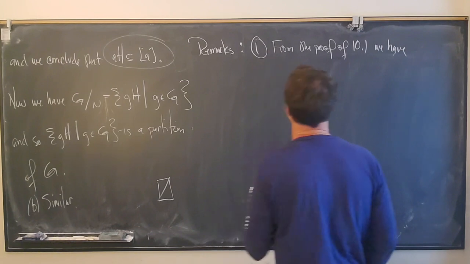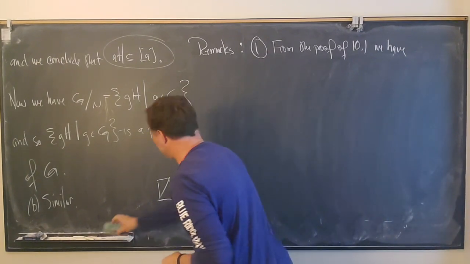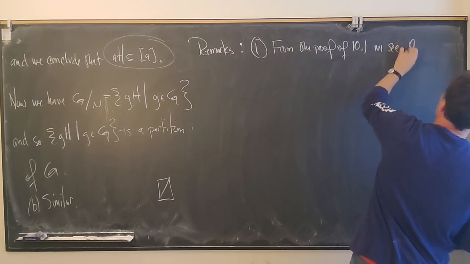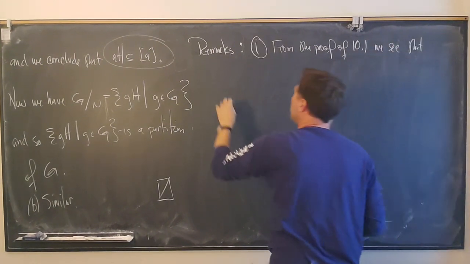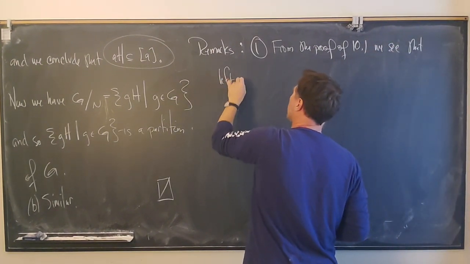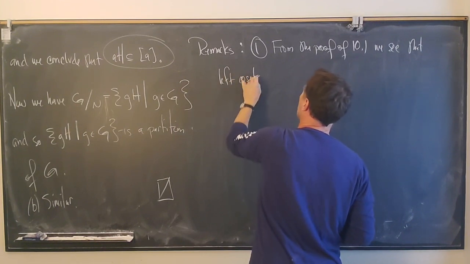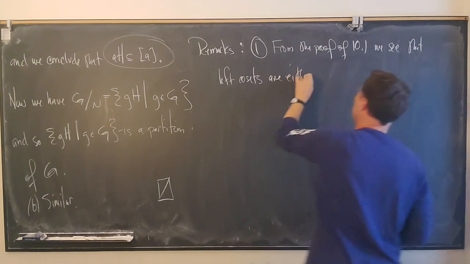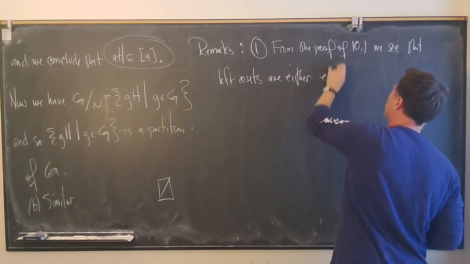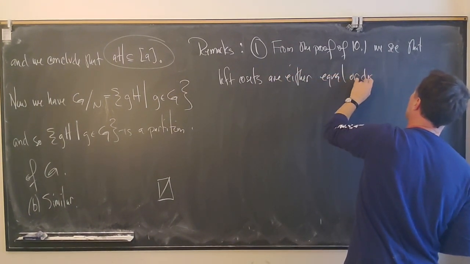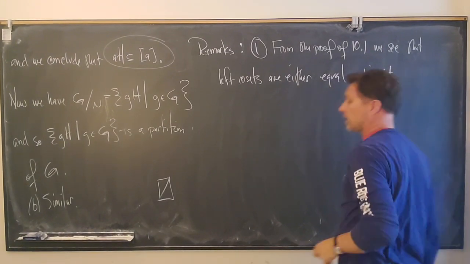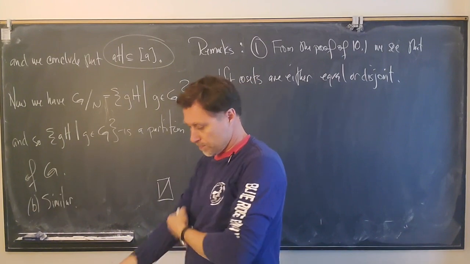So this tells us that left cosets are either equal or disjoint, right? So that's important.